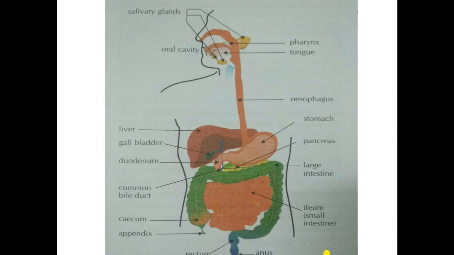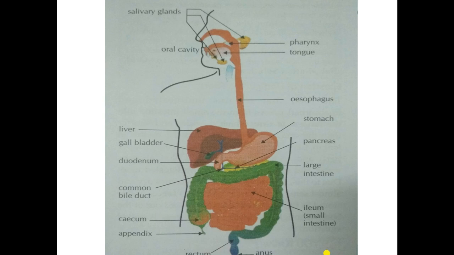The stomach is a muscular bag-like structure, and the bacteria which enter along with the food are killed by an acid called hydrochloric acid. Here, with the help of an enzyme pepsin, the proteins get converted into peptones, and from here the food finally goes to the small intestine.